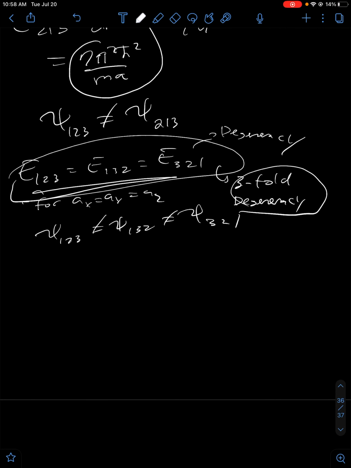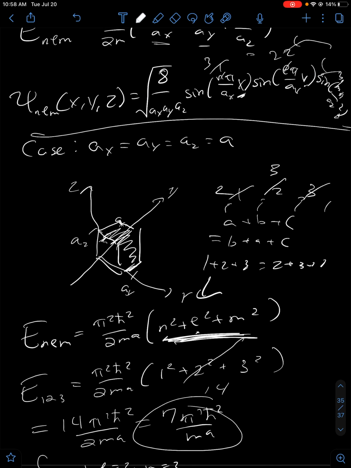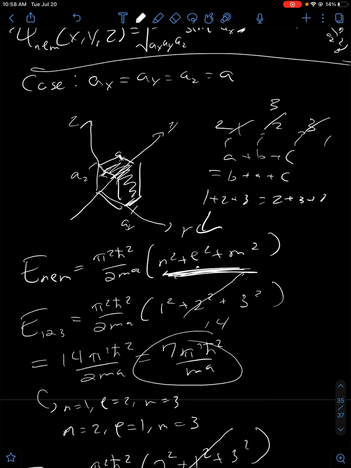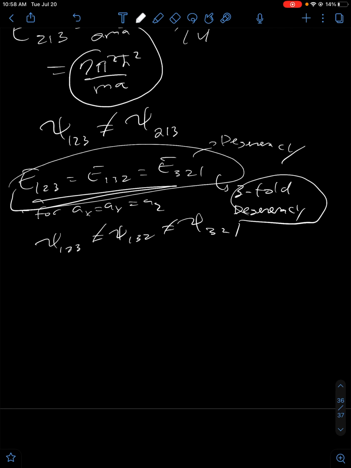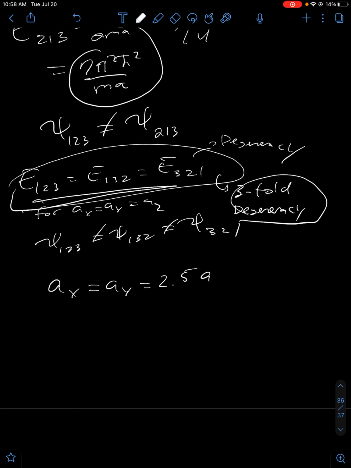Now, threefold degeneracy occurs when ax equals ay equals az. But what about for the case where ax equals ay but does not equal az? Or in other words, let's say that ax equals ay but it equals, say, I don't know, 2.5 az, for example.